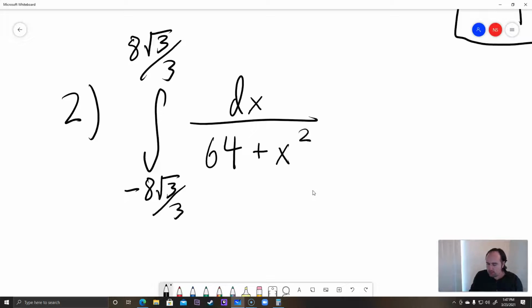So we have the integral of dx over 64 plus x squared from negative 8 root 3 over 3 to positive 8 root 3 over 3.